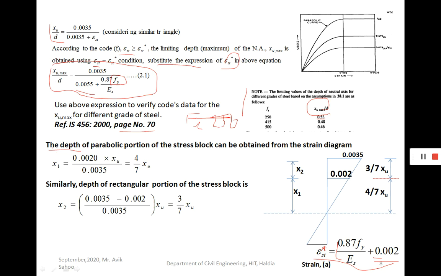Again, from the strain diagram, the depth of the parabolic portion, from 0.0035 to 0.002, in the rectangular-parabolic stress block, can be obtained from the strain diagram.